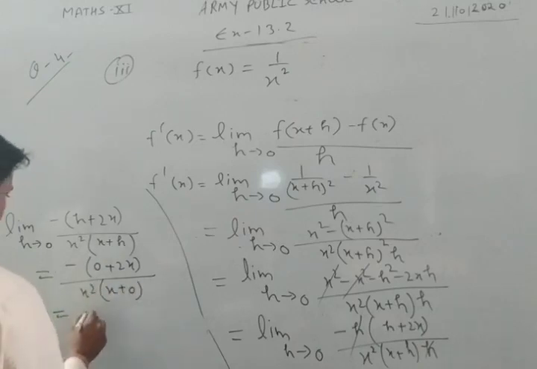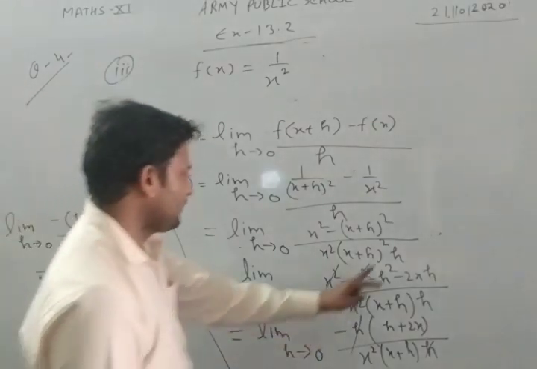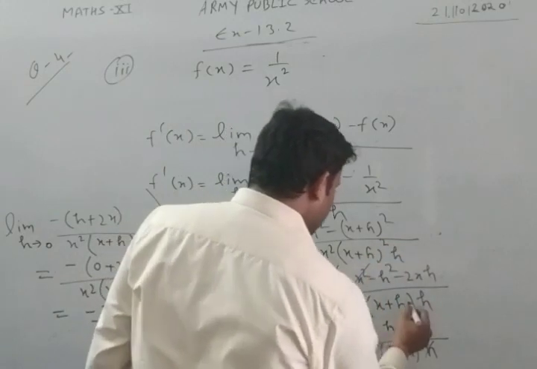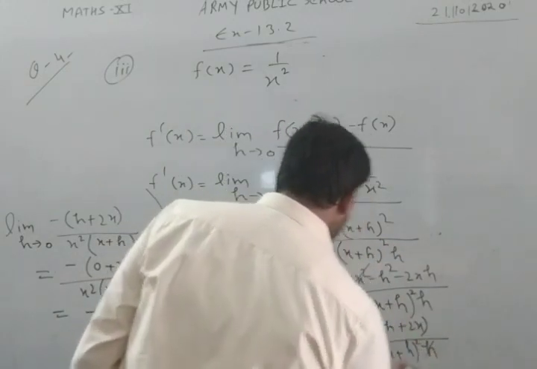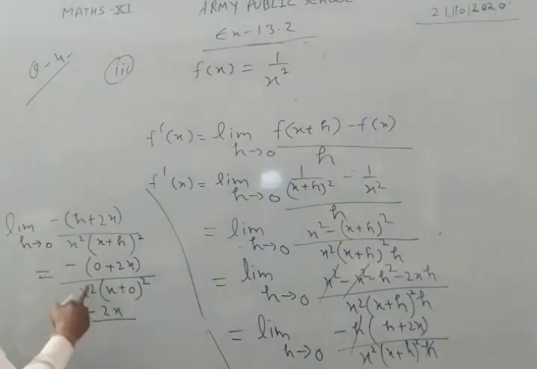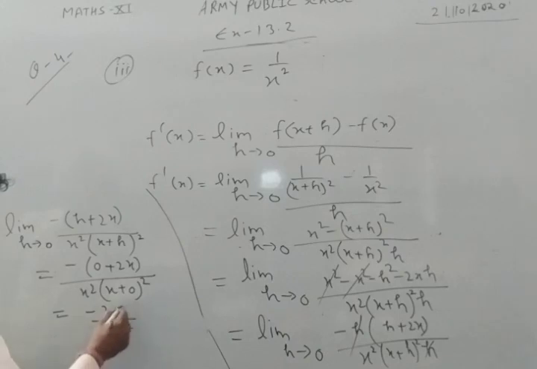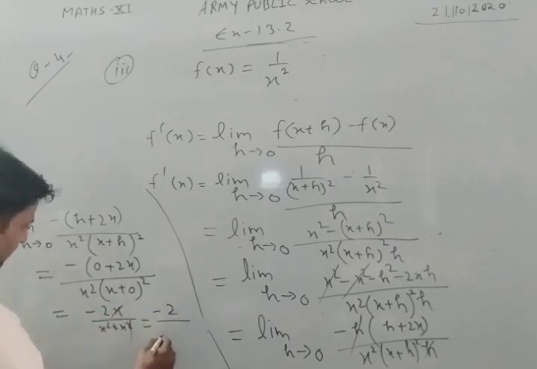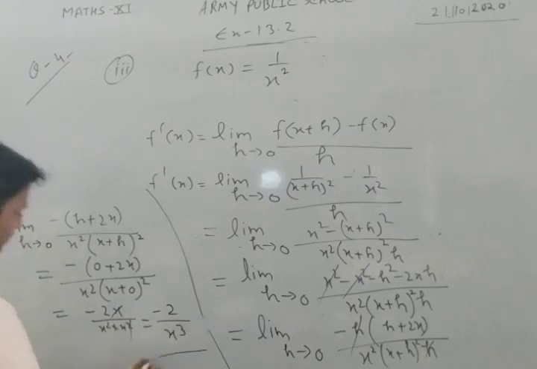We get minus 2x by, and here is a mistake, we write x square and here x square, so it will be x to the fourth. Now minus 2x by x square into x square, it will be cancelled and we get minus 2 by x cube. Okay, so this will be our answer.